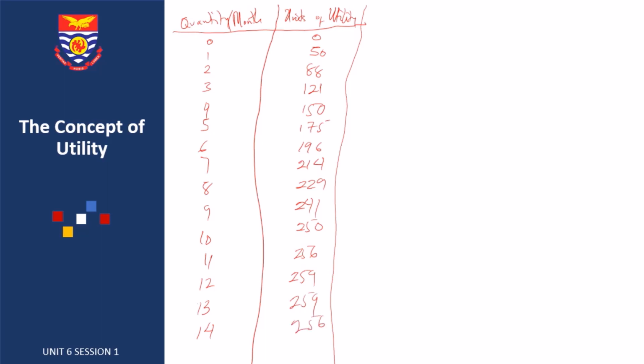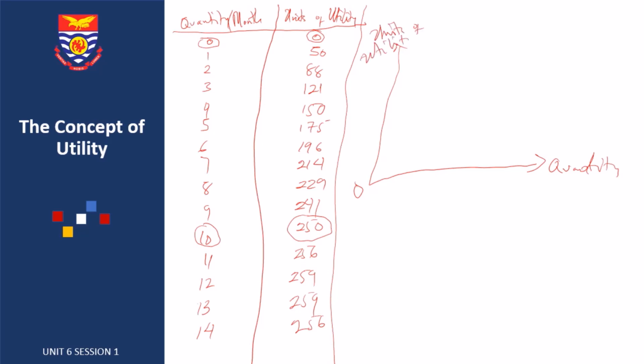Now you can see from this table that when she watches no movie, the utility or satisfaction is also 0. But assuming she watches 10 movies, she gets 250 units of utility. We can illustrate this on a graph. This is the origin, this is quantity, but the vertical axis will be units of utility instead of price, as in demand and supply.